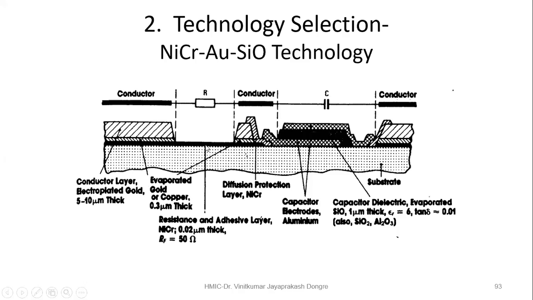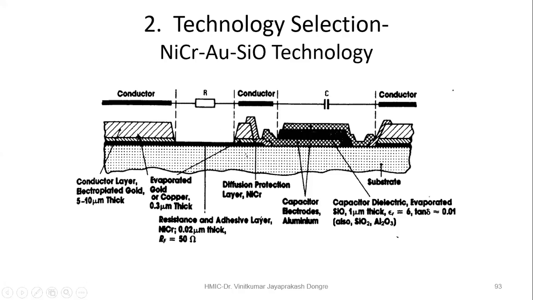Whatever substrate you are using, a NICR layer of 0.02 micrometer thickness, with RF equals to 50. On this layer we are doing the fabrication. This black layer is for the resistor. The resistor is fabricated on this NICR layer, so for the resistance, the NICR layer is used.